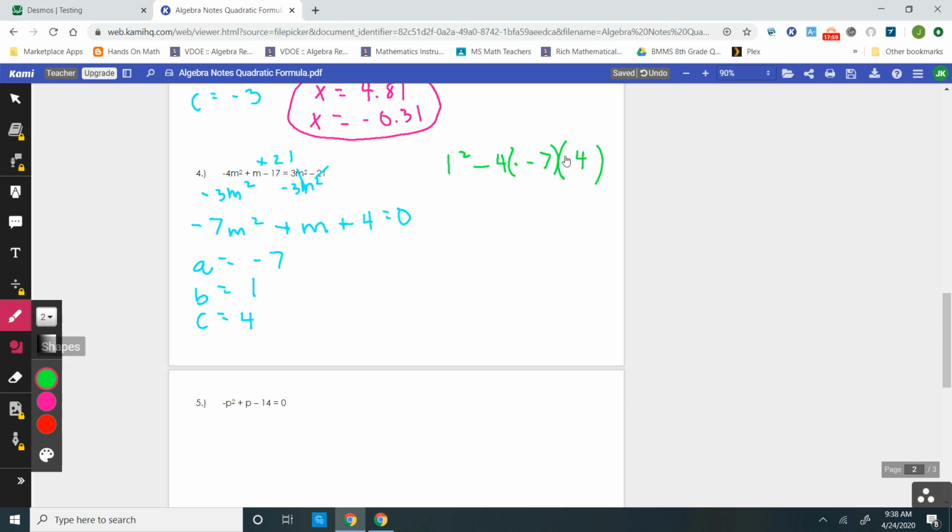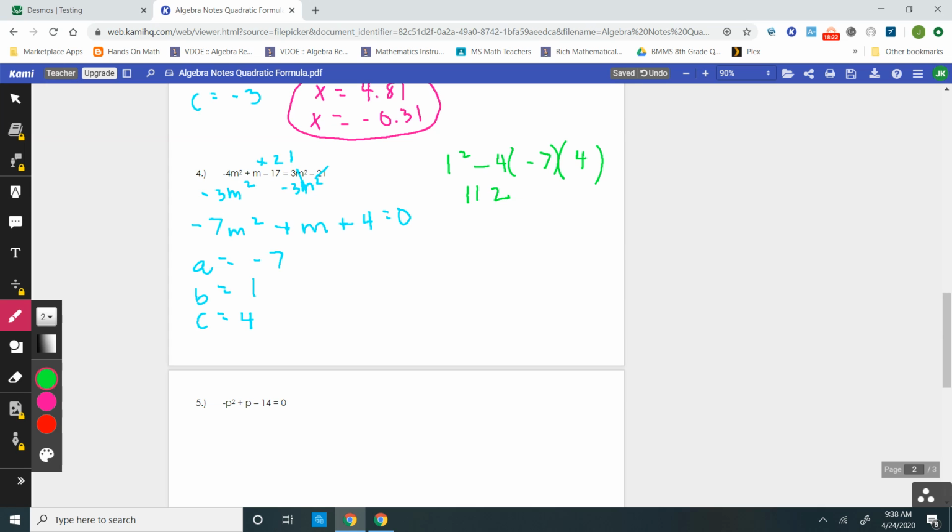And then you can type this in, it'll probably be easier. So if you do type this in, you'll get 112 for the discriminant. So it means you'll have 2 roots, and you can work out the rest.